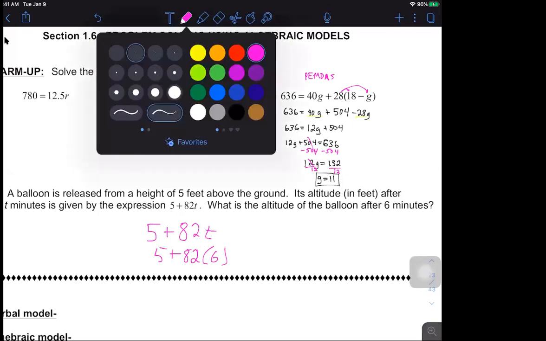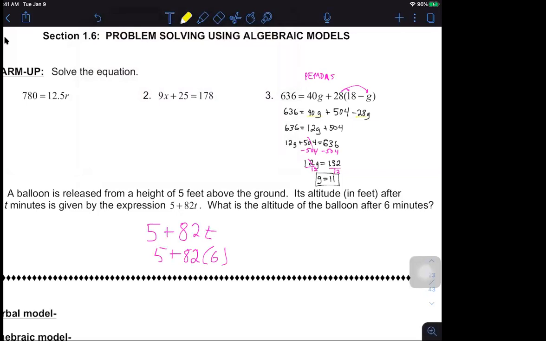Now in your calculator, what do you get 82 times 6? 492. Good. And then add 5. You end up getting 497.